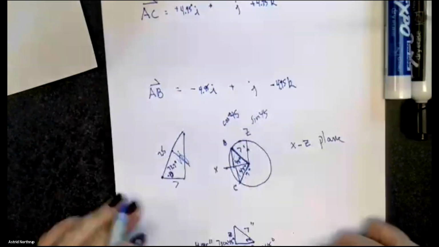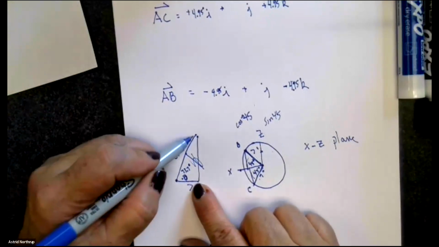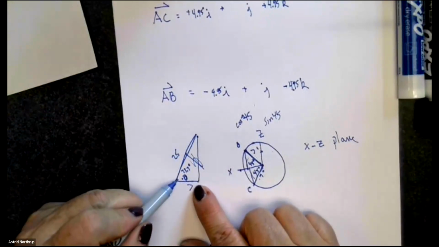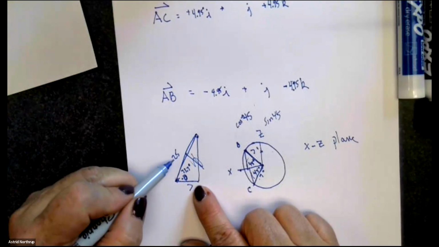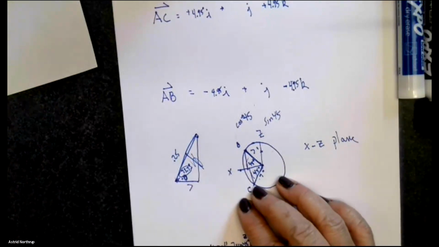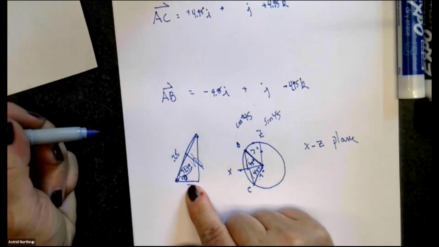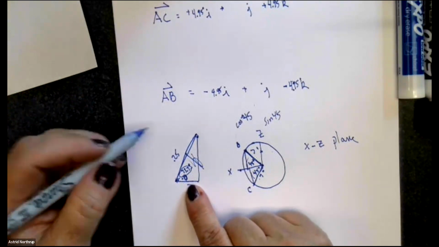All right, so how about in the y direction? Well, we know that the hypotenuse of this triangle is 25. We know that this angle, in other words, between the upright and the plate, between the y-axis and the xz plane, is 73.7 degrees.